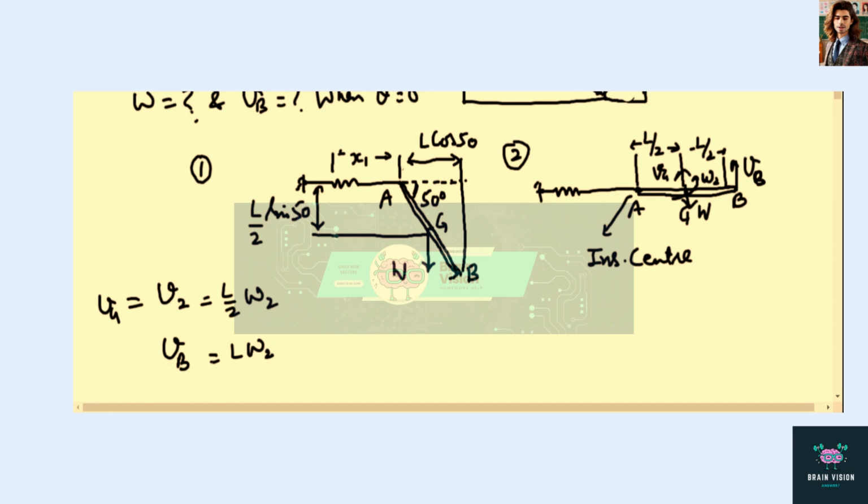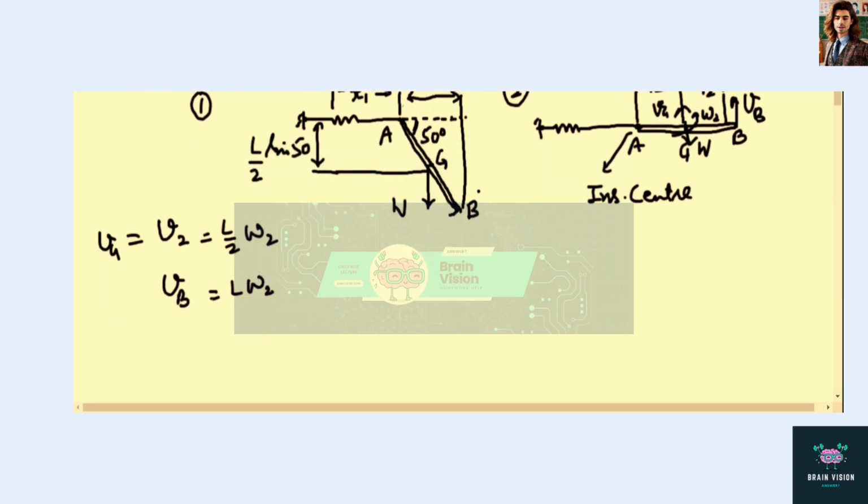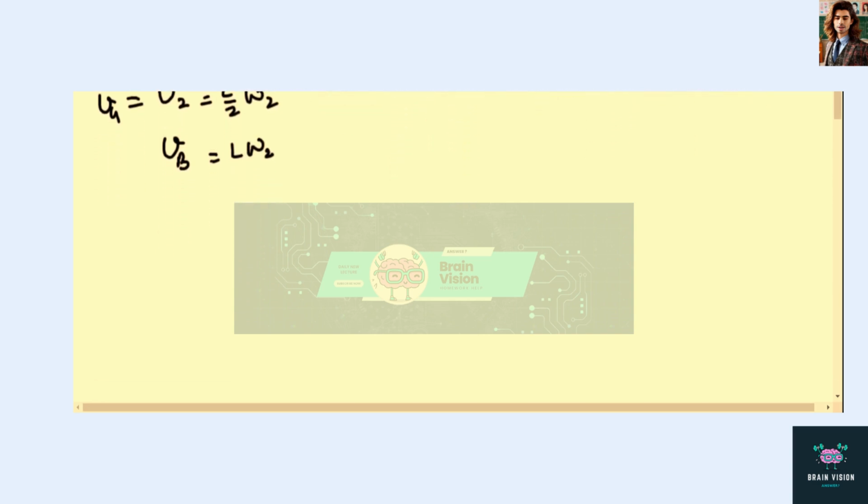X1 is L minus L cos 50. L is given 25 inch.